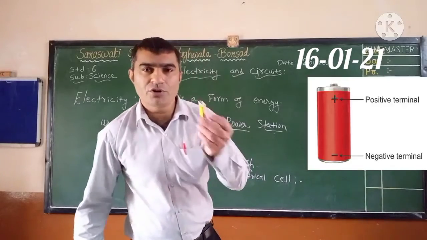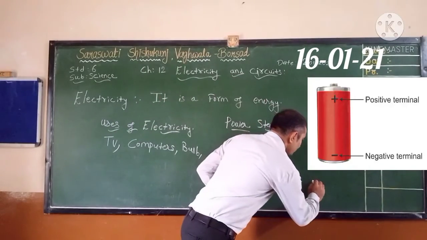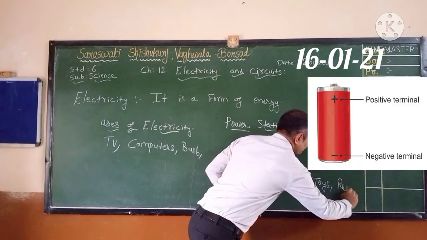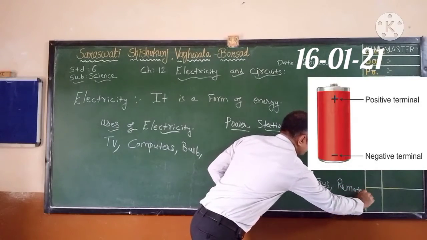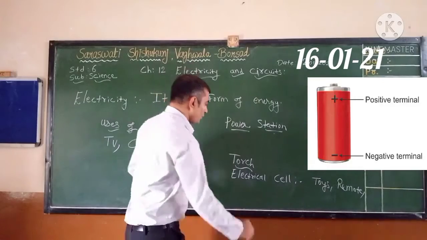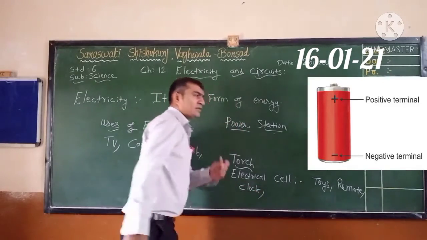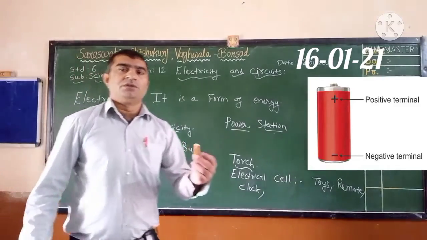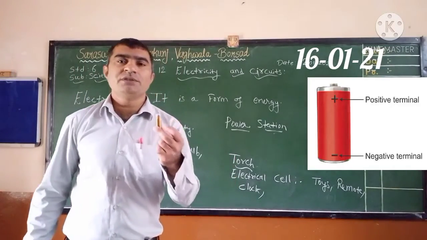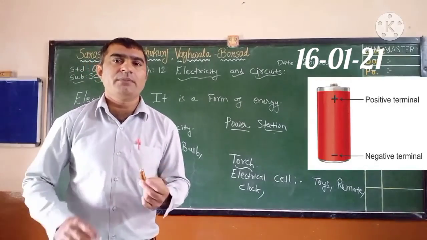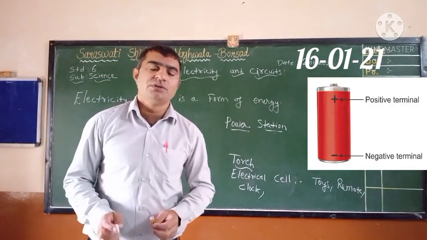If you have played with toys, it is used in toys, and remote, clock, radios. Different kinds of cells are available in the market, small and big cells; it depends on the use.